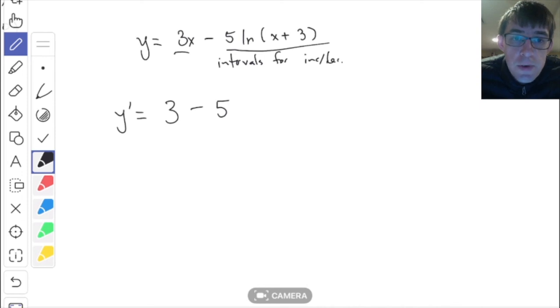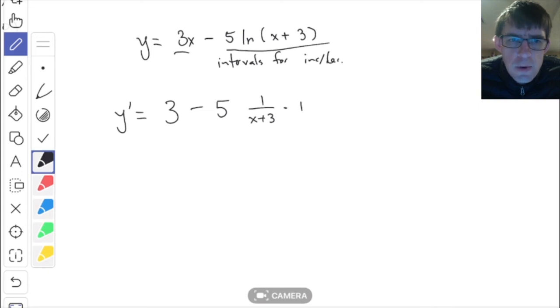And then what's the derivative of ln of x plus 3? It would just be 1 over x plus 3. And then I do the chain rule, multiply times the derivative of the inside. But in this case, the derivative of the inside is just 1, right? The plus 3 will go away when you take the derivative. So this is y prime.